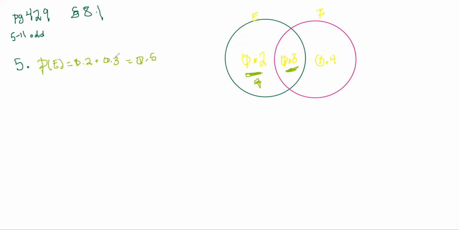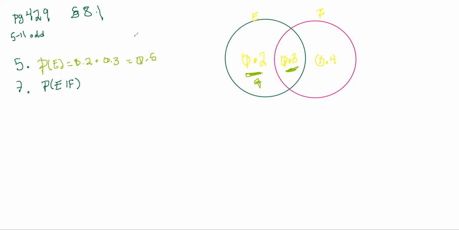Okay, so then let's take a look at problem 7. Now we're looking for the probability of E given that F also happens. Okay, what does that mean we're looking at?